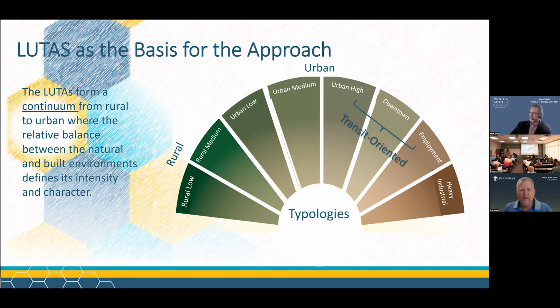So by the time you get downtown, parking may be handled on street. It could be in parking garages. It could be in shared parking. The building consumes much more of the land. So you can kind of see the path from the rural-most areas to the urban-most areas. That is essentially what the LUDA, the land use transition areas, have accounted for.